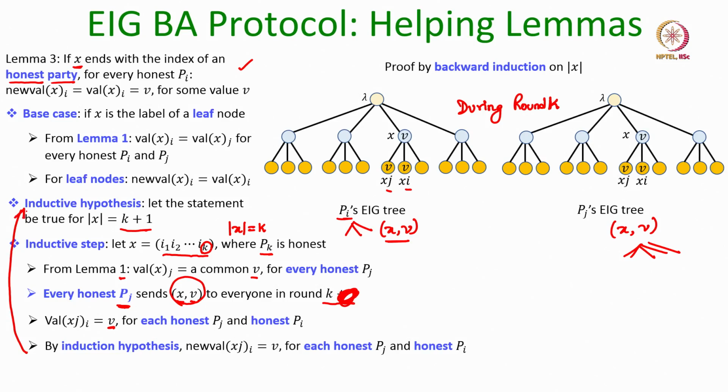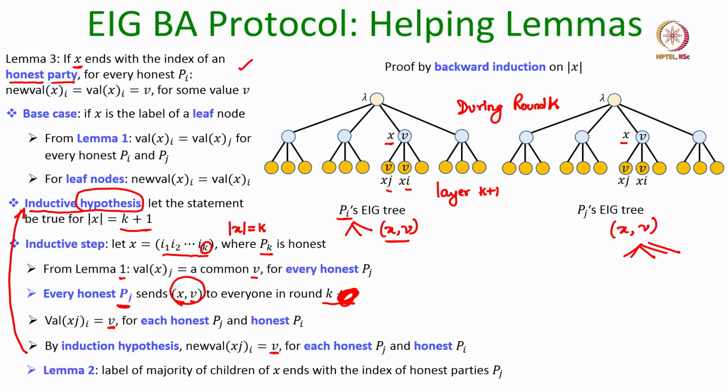As per the inductive hypothesis, since the children are now appearing at layer k plus 1, and we have assumed that the lemma statement is true even for nodes which have labels of size k plus 1, if we focus on all the children of x whose label ends with the index of an honest party, the new value and the old value for such nodes will be v only.